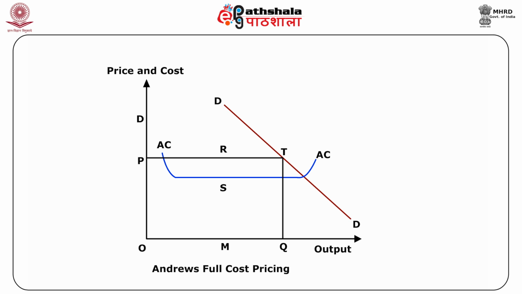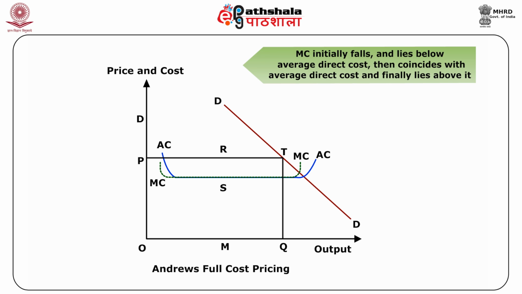Corresponding to this average direct cost, MC is the marginal cost curve. The marginal cost curve initially falls and lies below the average direct cost. Then it coincides with the average direct cost curve, and eventually MC lies above average direct cost as the level of output increases.